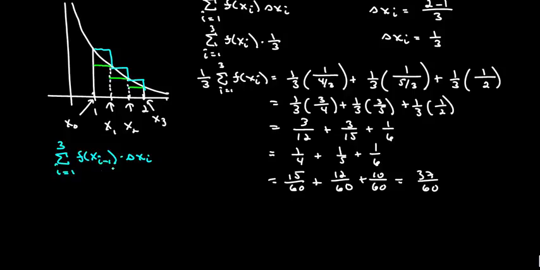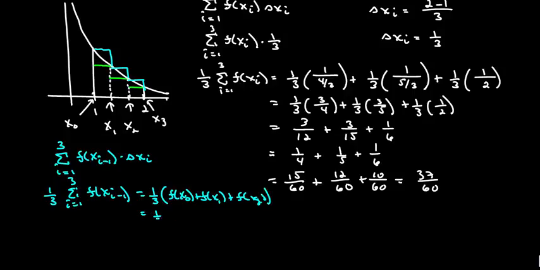So what this gives me, this guy is still a third. I need the sum from i equals 1 to 3 of f at xi minus 1, which basically means I need to take these left endpoints. So this says I need to take 1/3 times f at x0 plus f at x1 plus f at x2, and then we're done. So this will be 1/3.